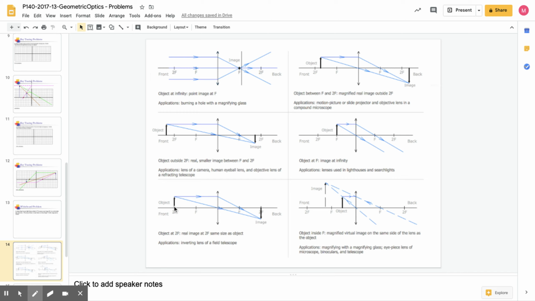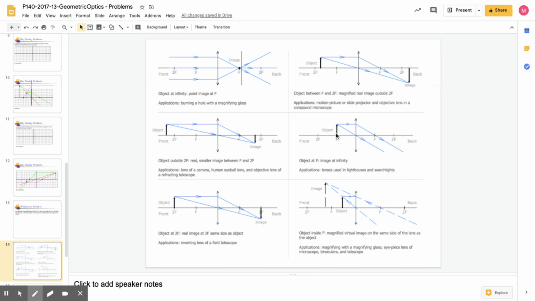In this example, we have the object right at twice the focal length, and so we have an image at twice the focal length. Notice the heights are the same. On this one, we have an object between twice the focal length and the focal length, and we notice that the image is inverted and larger than our object.